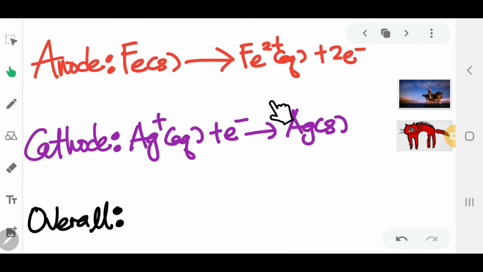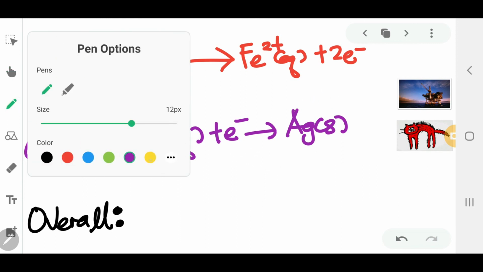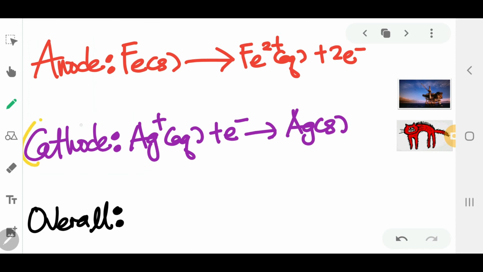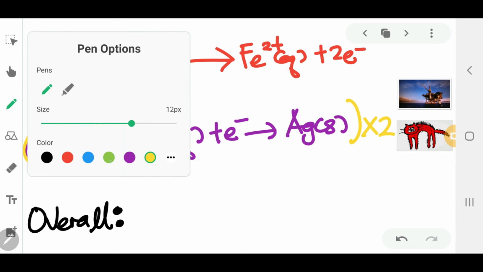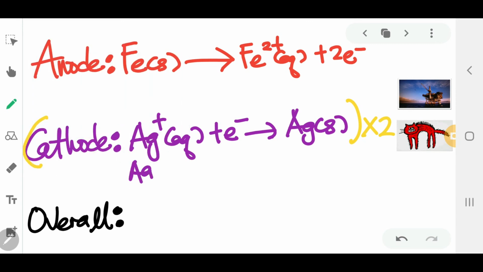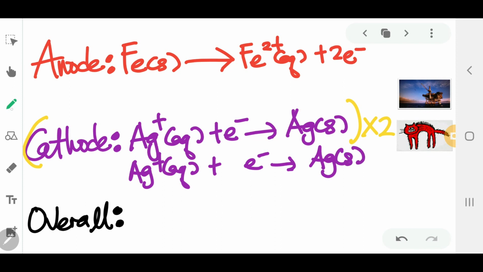Here you have 1 mole and 2 moles, and to solve that problem, you take the whole silver half-cell and multiply it by 2, and you'll get 2 Ag plus aqueous plus 2 electrons giving 2 Ag solid. Now you have 2 moles and 2 moles of electrons, and we can proceed by canceling out the electrons and combine to form the overall cell reaction.